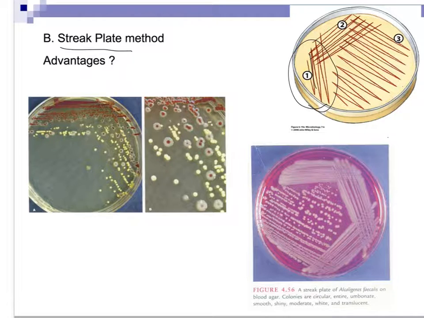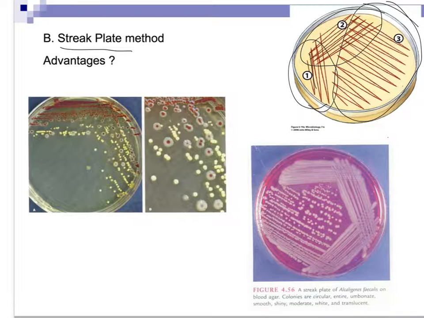Then you flame your loop again and make another S, and they have to be touching. Then you flame it again and make the third and final S or Z, whatever you want to call it. So the idea is you are diluting these out without having to use water.